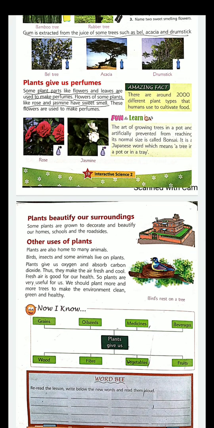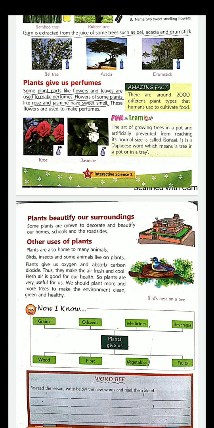They give us oxygen and absorb carbon dioxide. They make the air fresh and cool. These plants are very useful for us, and we must add more and more green plants to make our city and environment clean, green and healthy for us and for animals also.